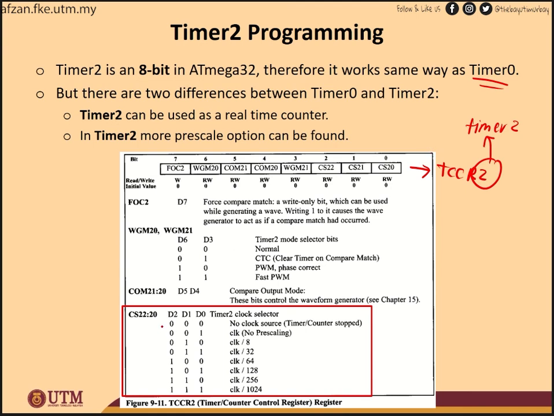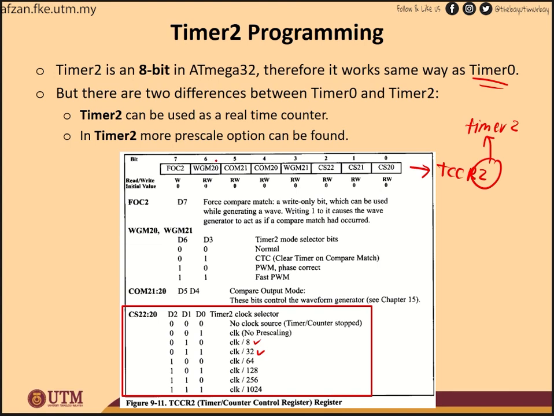You see here 000 stops your timer, 001 no prescale, and then 010 prescale 8, 011 is 32, 64, 128, 256, and 1024 when you put 111 to the last 3 bits. Okay, the position is also the same.